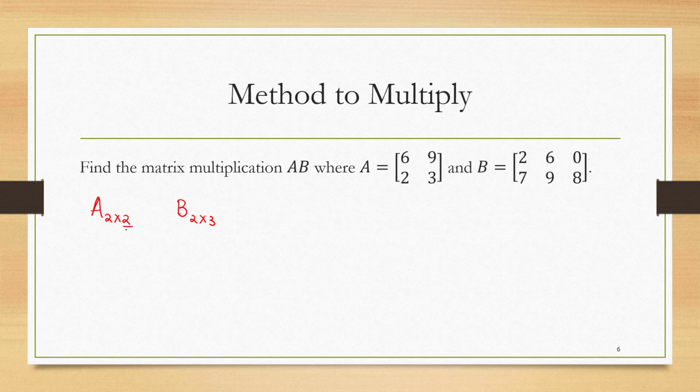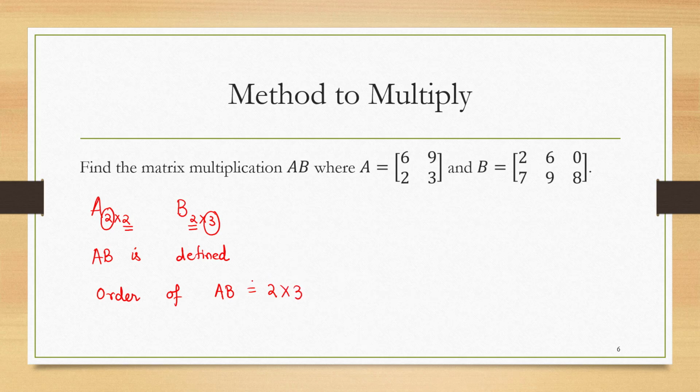You can see the number of columns in A is the same as the number of rows in B. Therefore, AB is defined. The second thing to observe is the order of AB. The order of AB will be the remaining two numbers, that is 2 by 3.